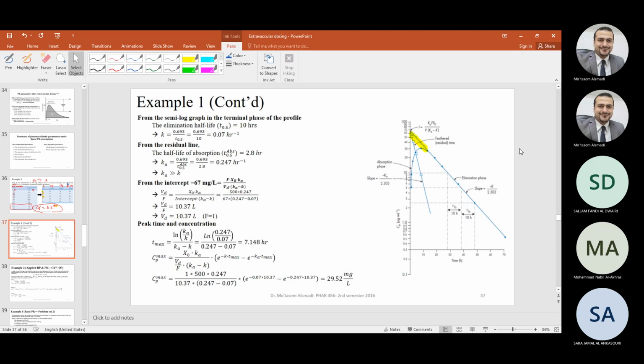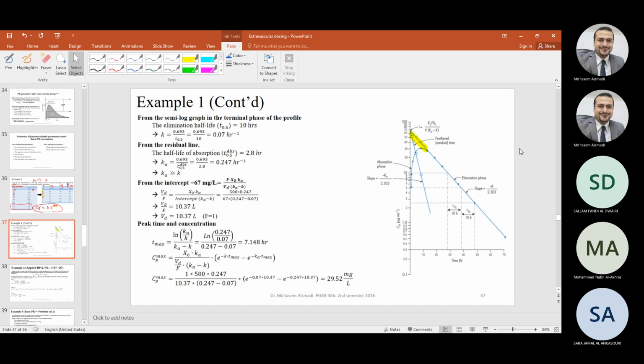That means that the absorption rate constant is equal to 0.693 divided by the absorption half-life, 2.8 hours. That will give us an absorption rate constant equal to 0.247 per hour. And remember, the units for a first order rate constant are per time, right? Per hour here and per hour here, for the elimination rate constant and the absorption rate constant.